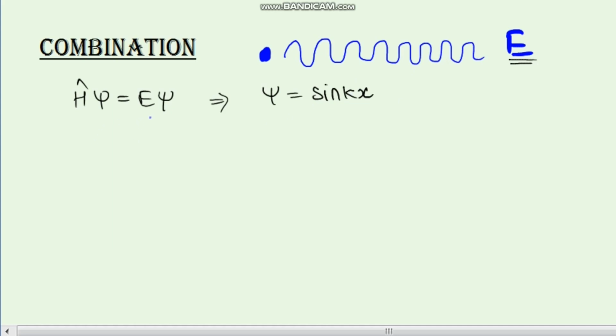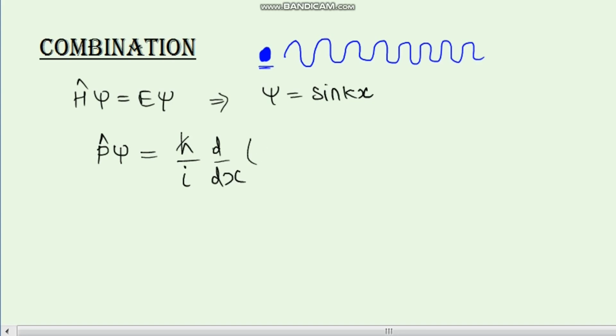Moving on. What will be the momentum of this particle? Confused? It's easy. How do you find the momentum of a particle? You operate on psi, and the action is h cross by i times d by dx, differentiating with x.